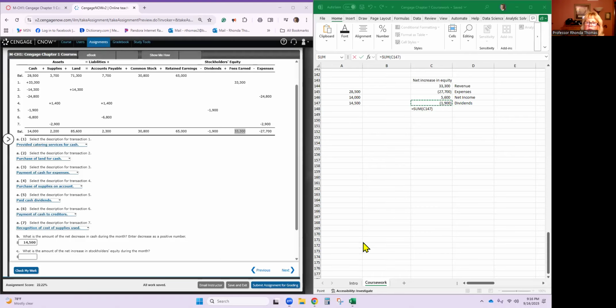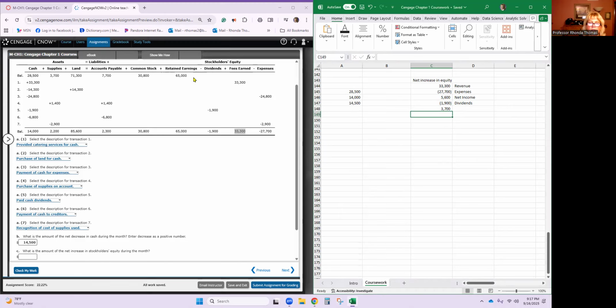So back where we were when Zoom crashed, we had 5,600 in net income, and we were going to subtract the dividends from that. So 5,600 minus 1,900, I think, is 3,700.